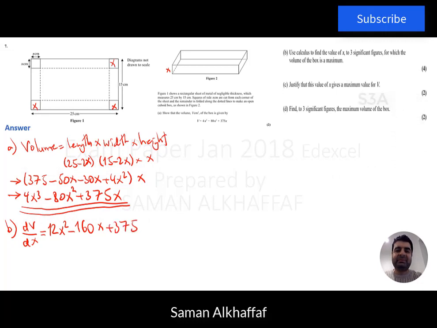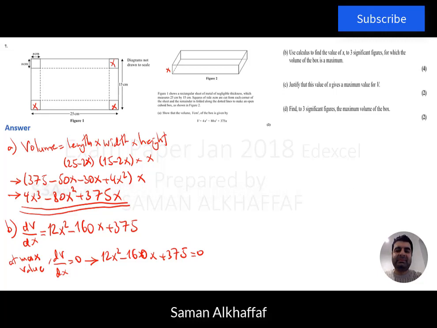So now at maximum value, we would have dV over dx equated to 0. So now we can solve the expression by equating it to 0. That means we would have 12x squared minus 160x plus 375 equal to 0.